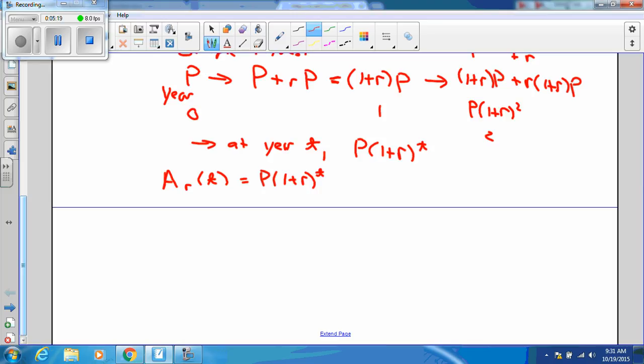The trick, though, is that this application of interest happens at the end of the year so that my domain is only integers. In other words, I can talk about year 1, year 2, year 3, but if it's year 2.5, then I would only get the interest for year 2. In other words, I need to use some kind of int function to find what happens at the non-end years.